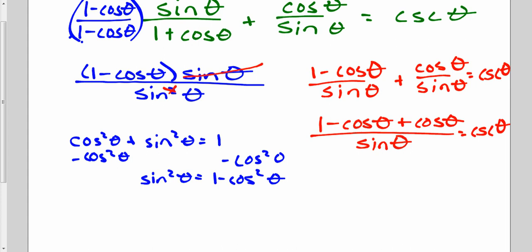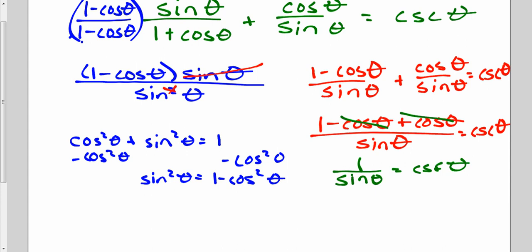What happens to my cosines there, Logan? Stay with me, Logan. Take out the cosines. Those go bye-bye, right? Minus 1 and plus 1 gets rid of them, and I'm left with 1 over sine theta equals cosecant theta.